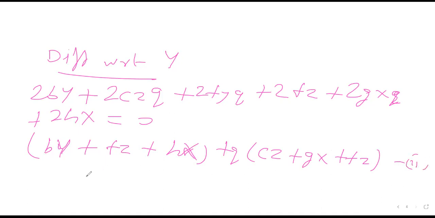So to simplify it, what we will do is multiply the first equation by x, multiply the second equation by y, and add. This is a standard thing that we did.